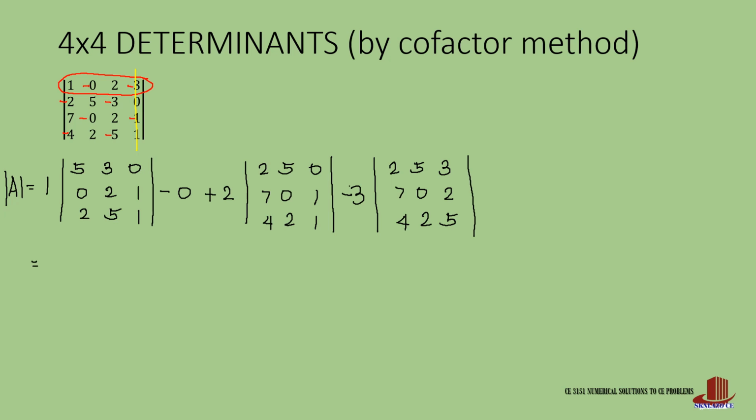And that would be like with our 1. This time, we are going to choose again a row or a column. So let's choose the first row for the first term. Place your signs, then move on to our determinant. 5 with our remaining minors, 2, 1, 5, 1.